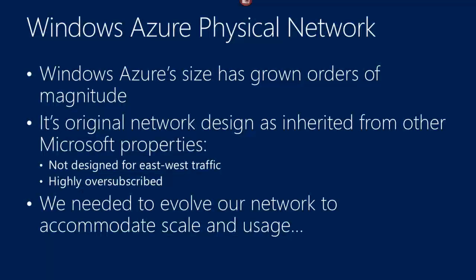They were inherited from Microsoft's other properties, like Bing and Hotmail, that are very north-south oriented. Traffic coming in from the web, answers being computed locally on the servers, and then the answers going back out across the web. When we have Azure applications, we've got disaggregated storage and compute, and we also have compute that spreads across the data center, so there's a lot of east-west traffic that never leaves the data center, and we needed to have our data centers adapt to those.